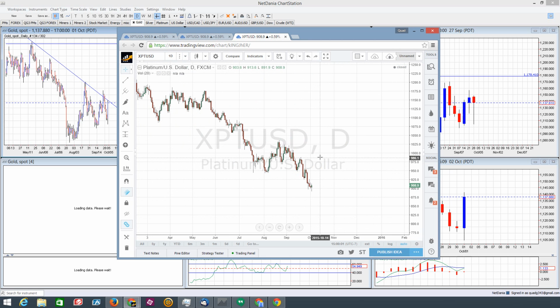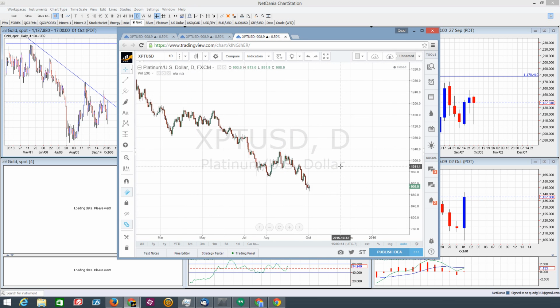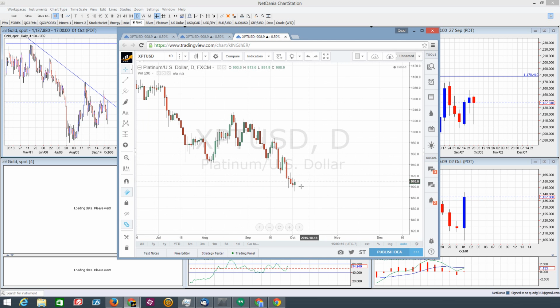And that could allow for a bounce right up here into the upper 900 range, maybe all the way up here to 1030 in an impulsive run, based off of today's bullish candle. So, and that's a low at 891.90. So that's if you wanted to get long in this market.